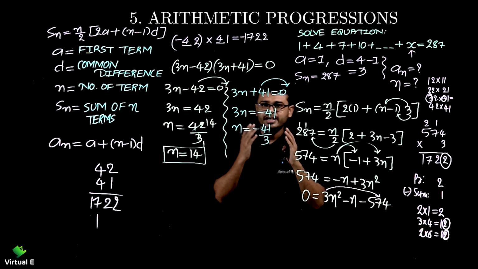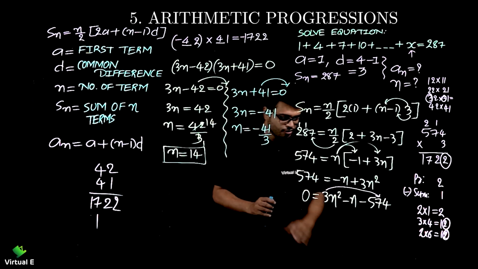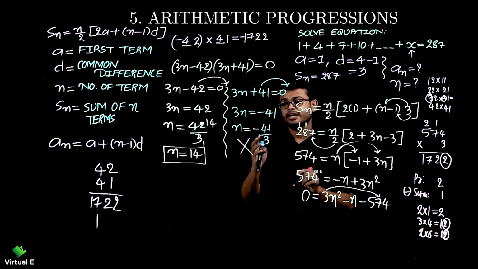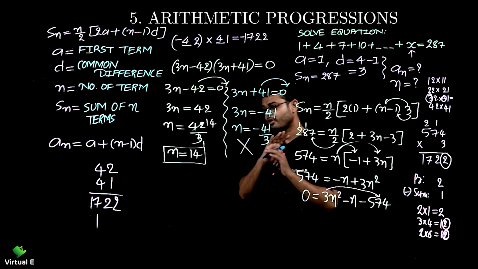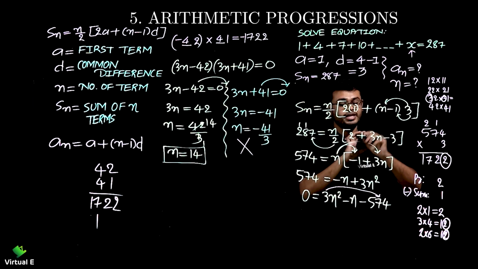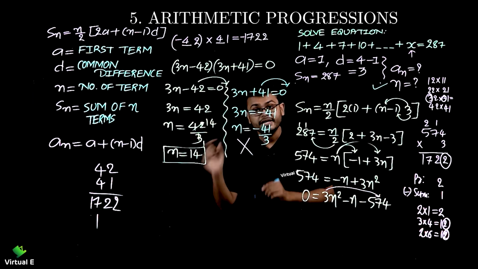Are we going to consider a negative value? No. Are we going to consider a fraction? No. So I am going to discard this solution. I cannot use it. Negative terms, no, not at all. So we need to find the value of n. Okay, we have the value of n, which is 14.